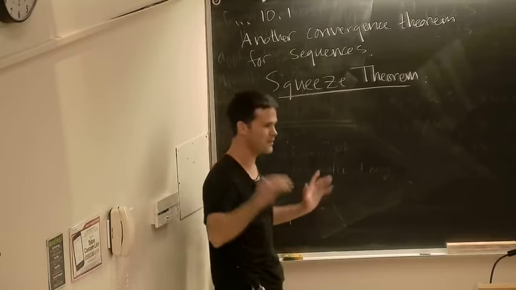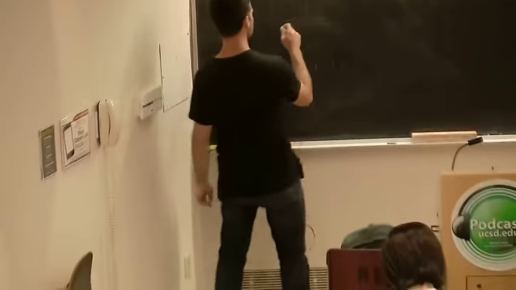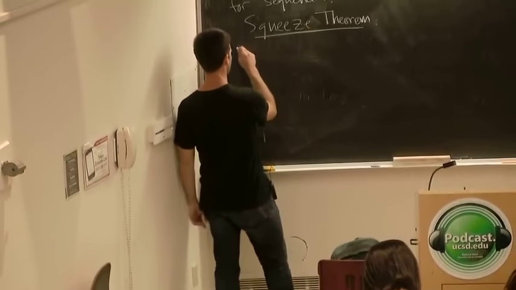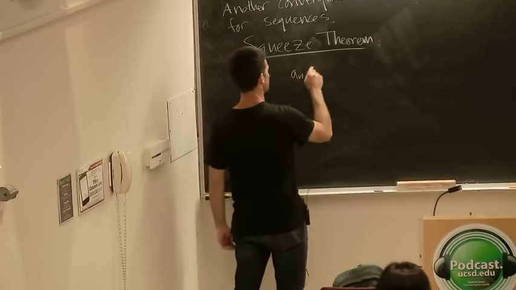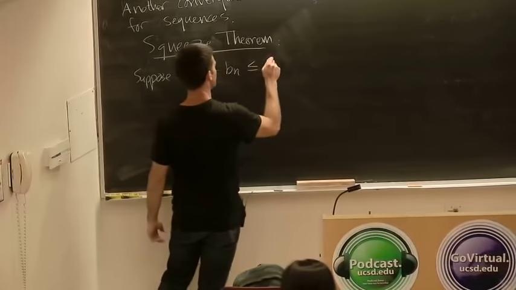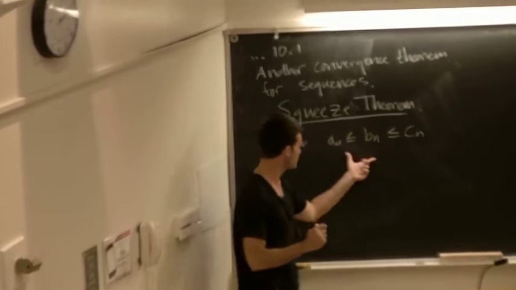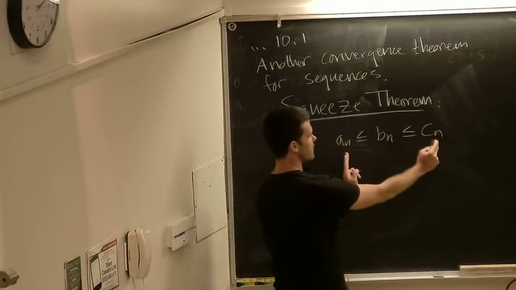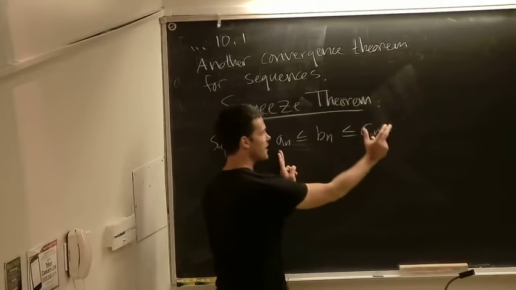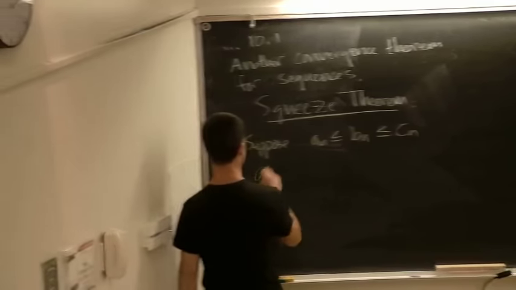Here's the squeeze theorem. It's what happens when you can squeeze one limit between two other ones. So let's say an is less than or equal to bn is less than or equal to cn. So we've sandwiched this limit between two others, and both the lower one and the upper one converge to the same number.